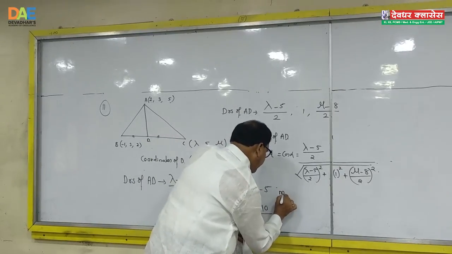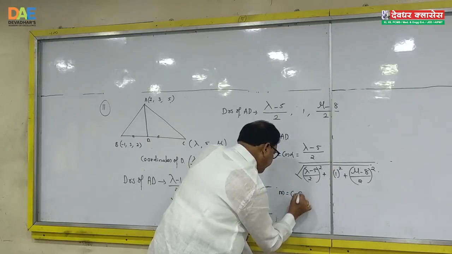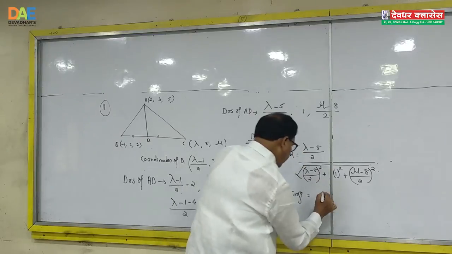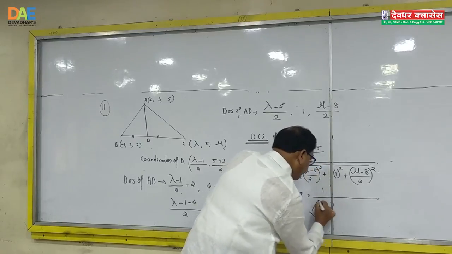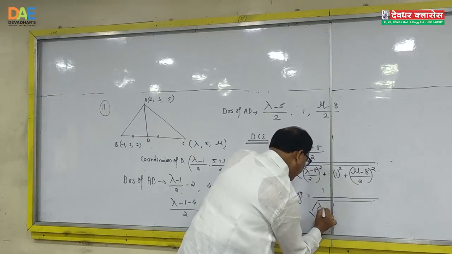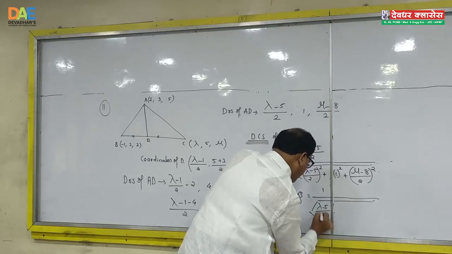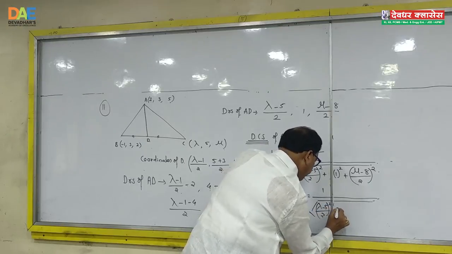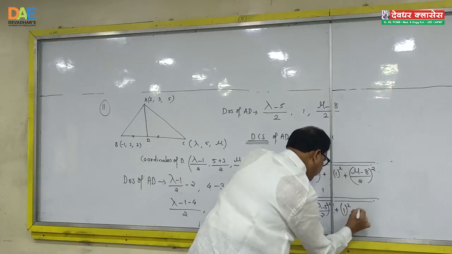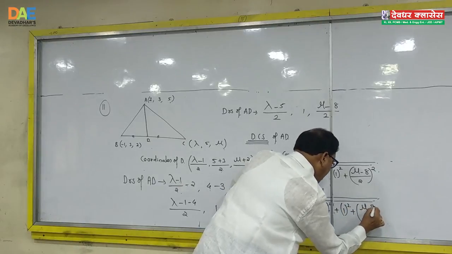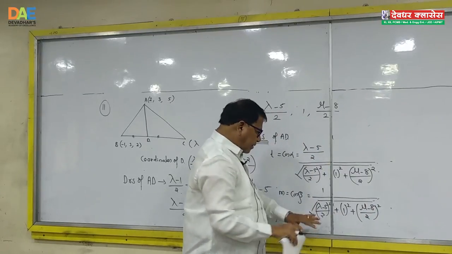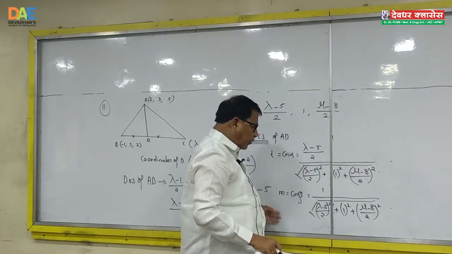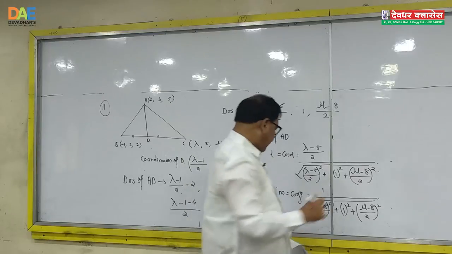M is equal to cos beta, which is 1 upon the same value. No need of simplifying it because we are going to compare L equal to M, and it will automatically cancel.